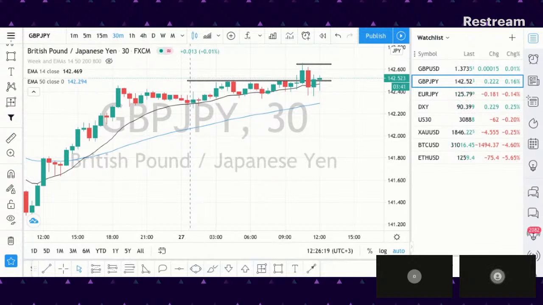Somebody is saying the screen is black. Let's see what is happening.